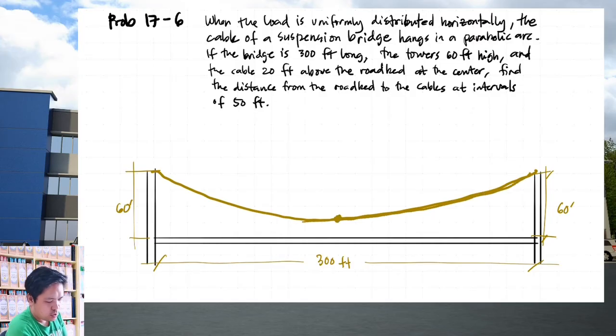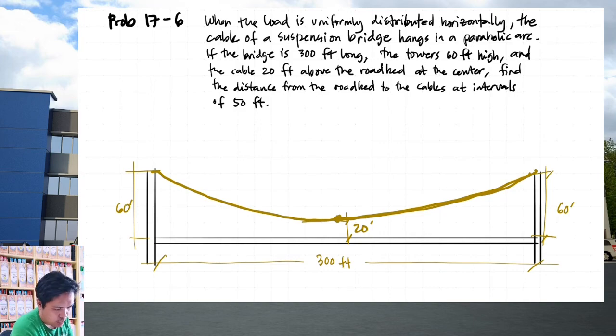So, eto yung center. Okay, and the center is located at, this is 20 feet above the roadbed. So the question is now, ano yung mga distances at 50 feet interval?